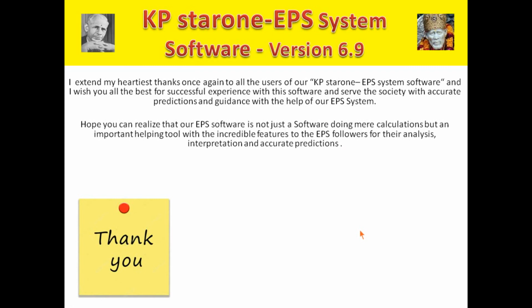Hope you can realize that our EPS system software is not just software doing mere calculations but an important helping tool with incredible features for EPS followers for their analysis, interpretation and accurate predictions.